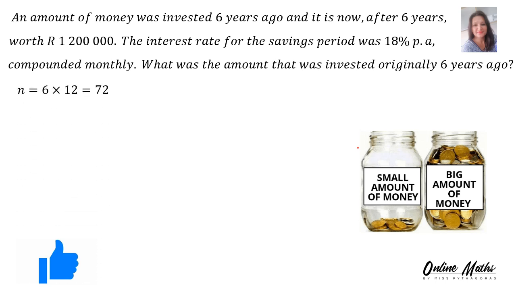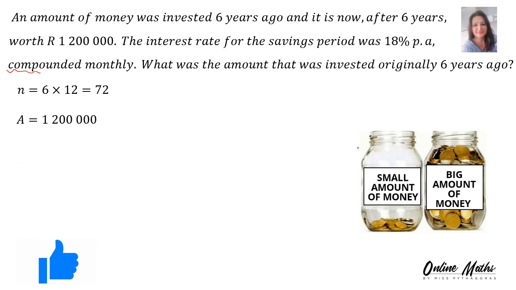Now we will start with the summary. n is 6, but we have to multiply by 12 since it is compounded monthly. Therefore your n is 72.